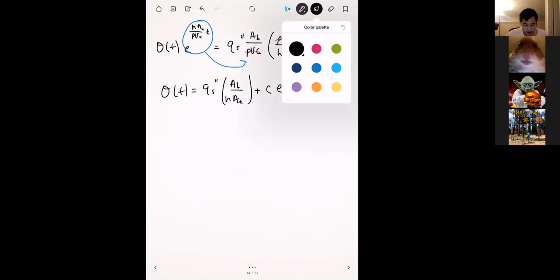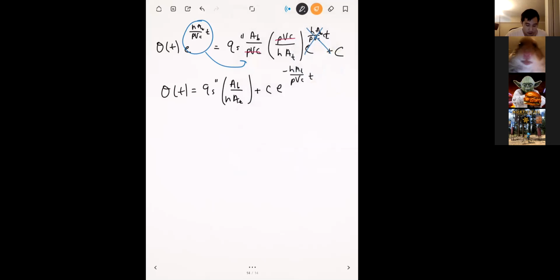And so we're almost done. The last thing we have to solve for is our constant C, and to solve for that, we're going to apply our initial condition. Our initial condition was that our pan was the same as room temperature, so theta of 0 is equal to 0.